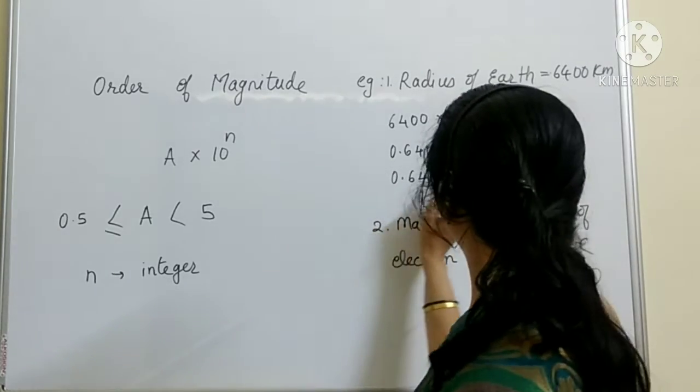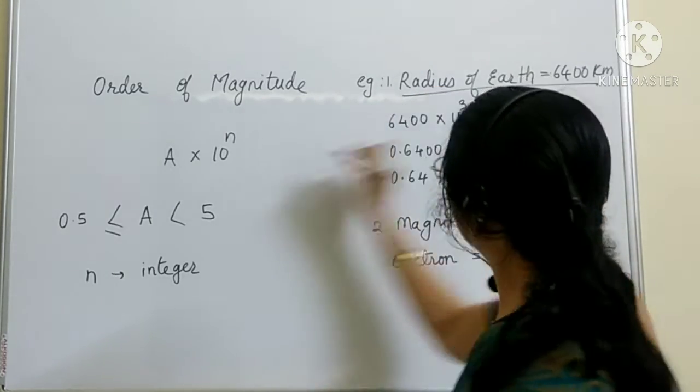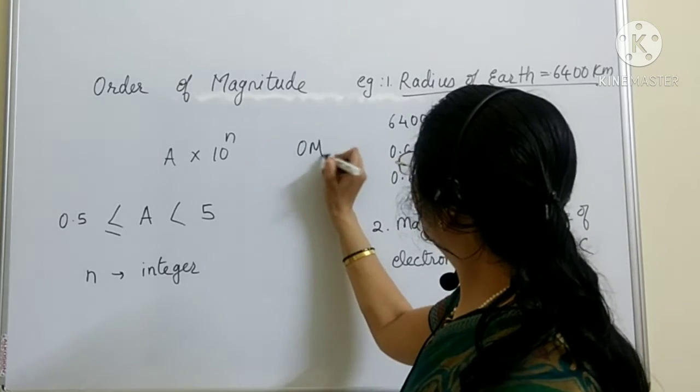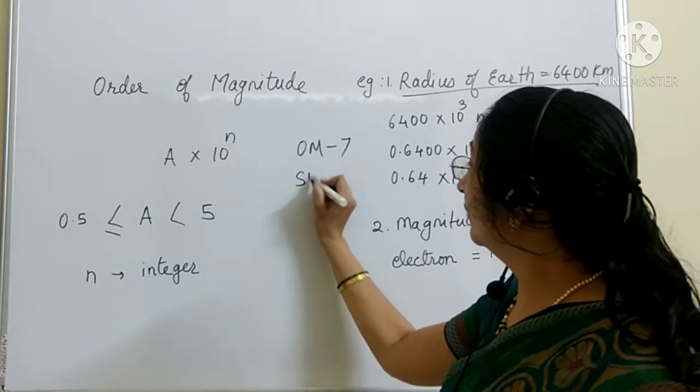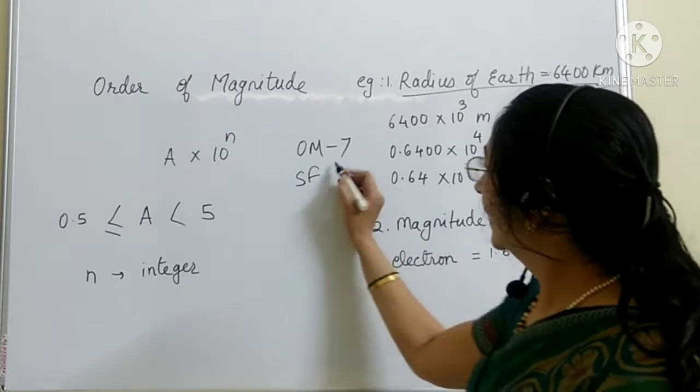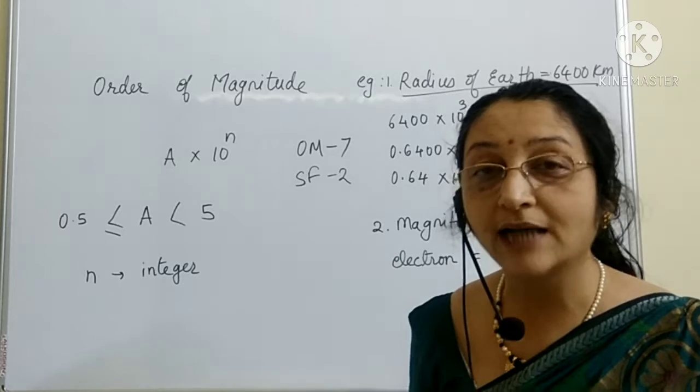So the order of magnitude for this radius of Earth is 7, and the significant figures are 6 and 4. That is, 2 significant figures are there.